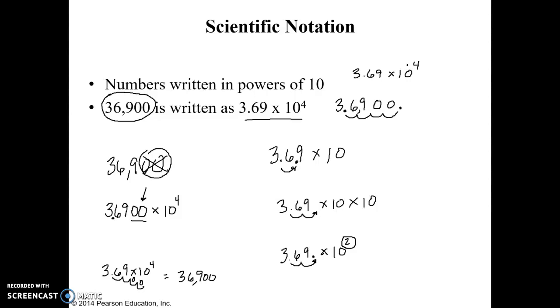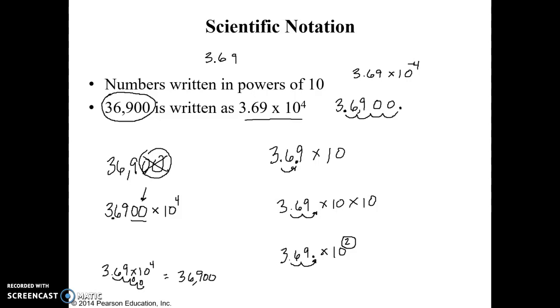Now, when we take 10 to a negative exponent, like 10 to the negative fourth, what we're saying in that case is that we are dividing by 10 4 times. So if we had, for example, 3.69 times 10 to the negative fourth, we would have our 3, our 6, and our 9.